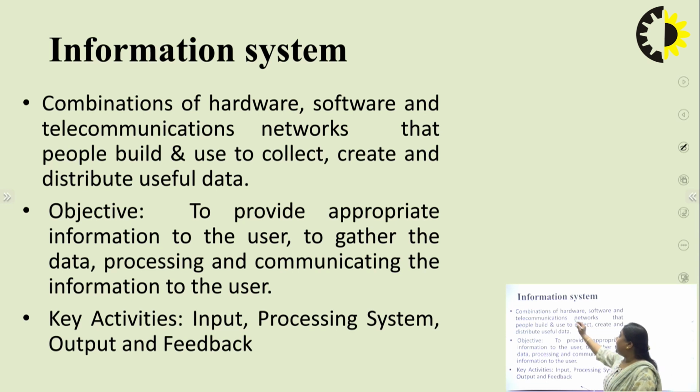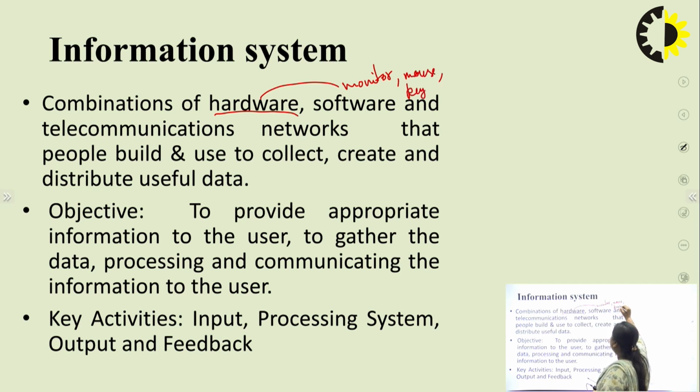What is hardware? Hardware is anything that we can touch physically, that is monitor, mouse, keyboard. All these things are the hardware that we use in our system. And what is software? Software comprises two components, that is system software and application software.